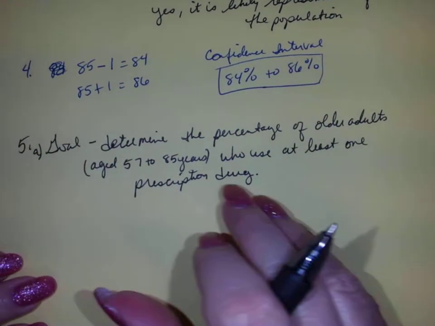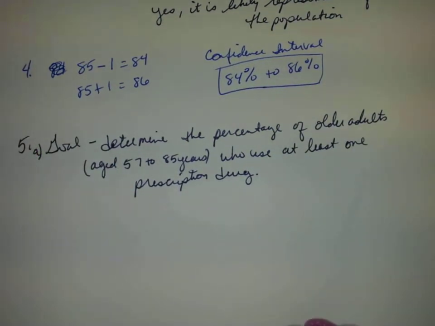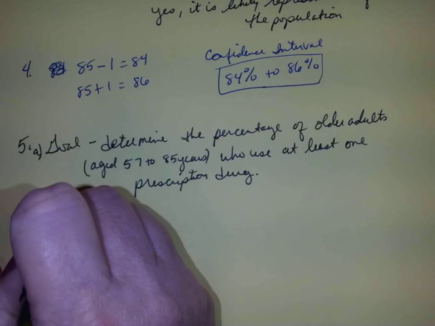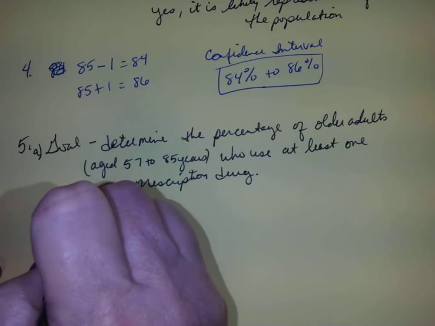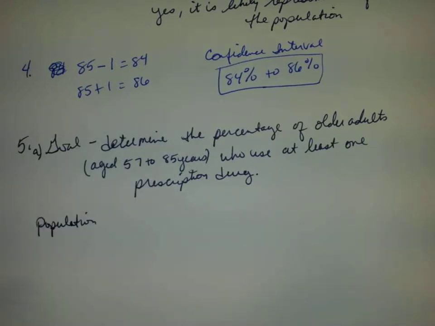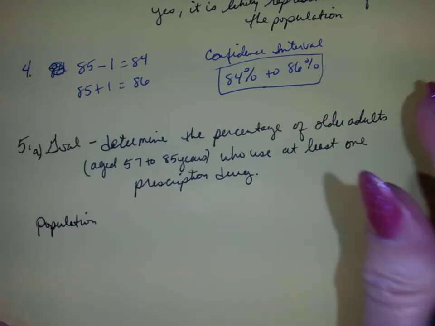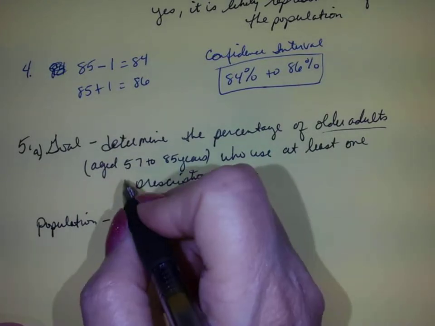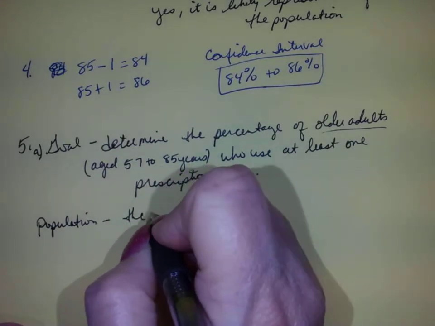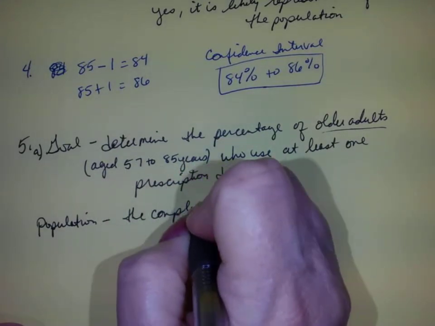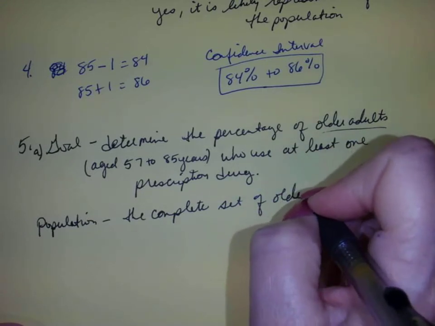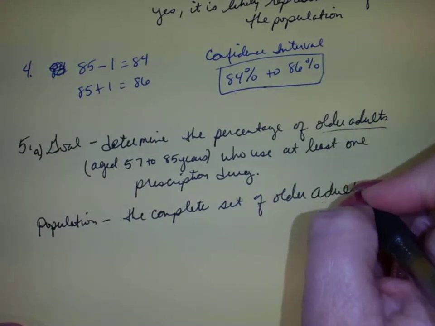So if that's our goal, what is our population? Well, the population is going to be that complete set of older adults, right? Because that's what our part is, older adults. So the population will be the complete set of older adults.